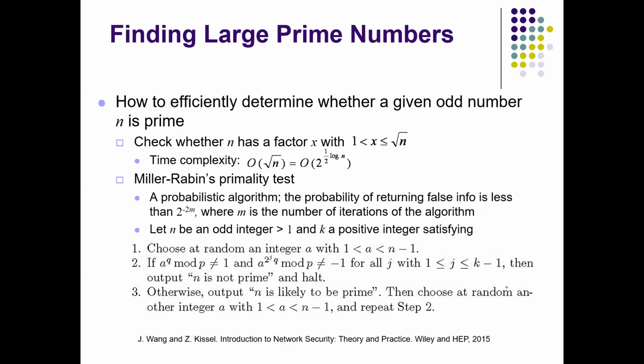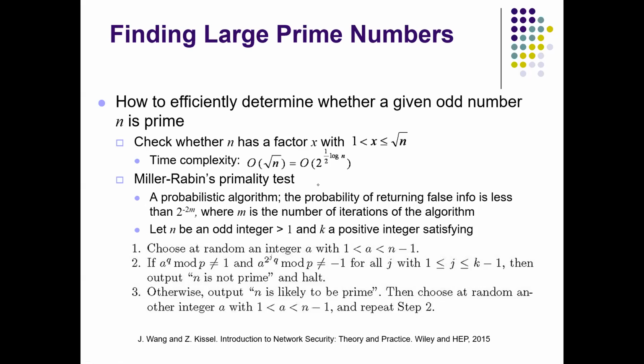But the most efficient way to determine whether an odd number is prime is to use Miller-Rabin's primality test. This is very efficient, with a very, very small probability of error. So this is a probabilistic algorithm. This is not a deterministic algorithm.